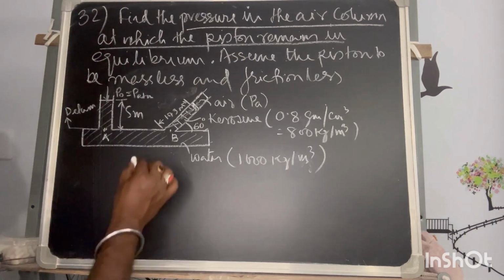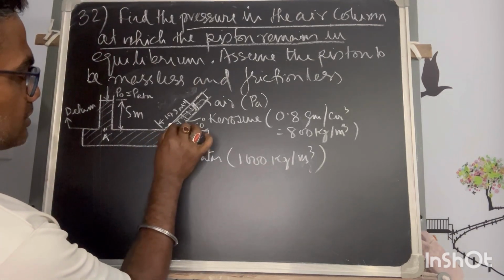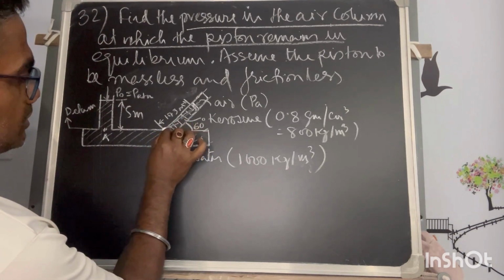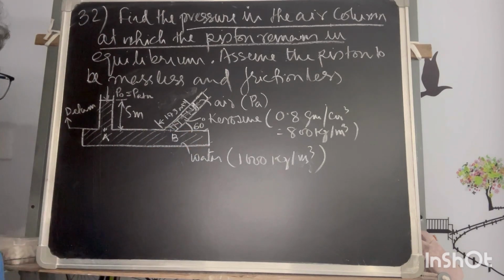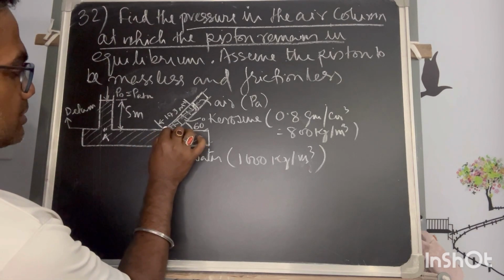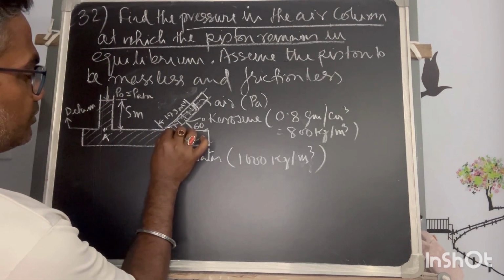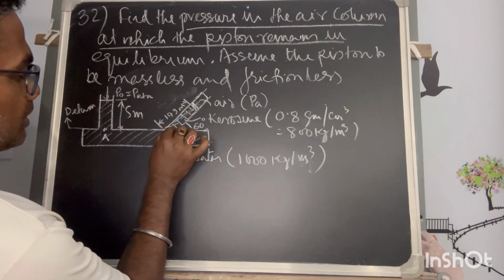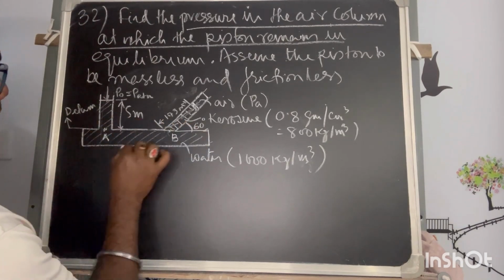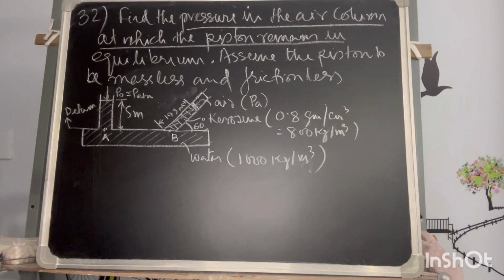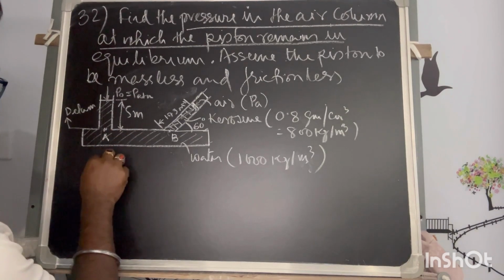So if I consider this partition where the kerosene and water make a contact surface, below this level is water. So if I consider the level where the water is touching the kerosene, at that point these are of the same liquid.